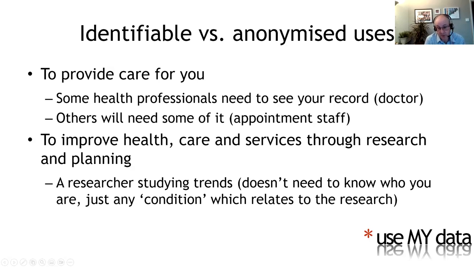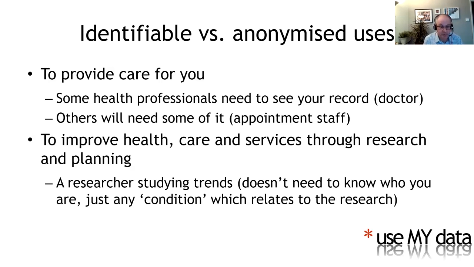So obviously the appointment staff. If people are booking you an appointment, they'll first of all need to know who you are. They'll probably check your address just in case they need to set up ambulance transport for you. So there are lots of others who will see your identifying details outside your direct care, but it's all to do with that direct care responsibility. So I think that's relatively sensible and straightforward.